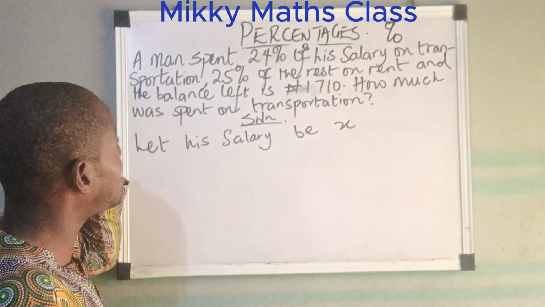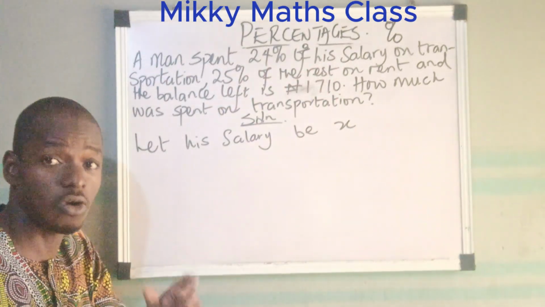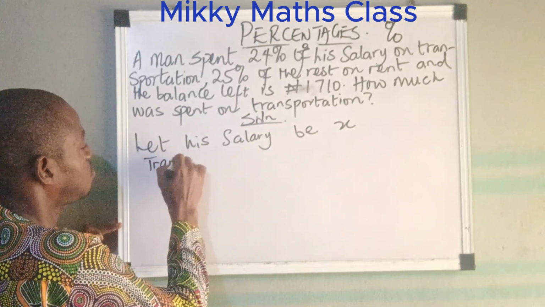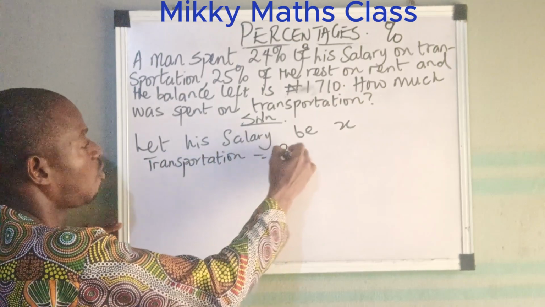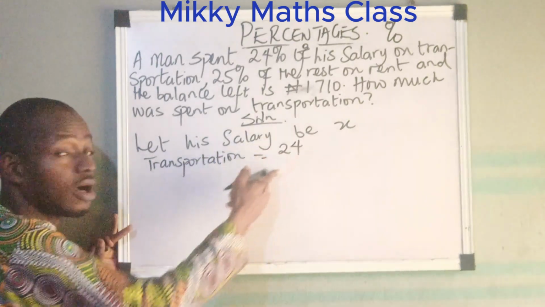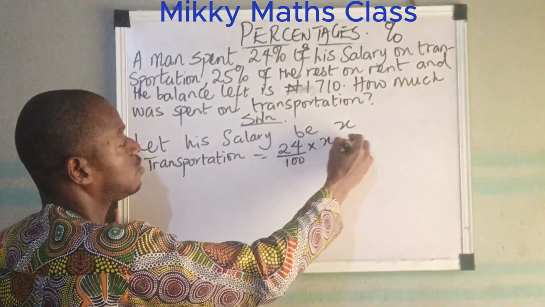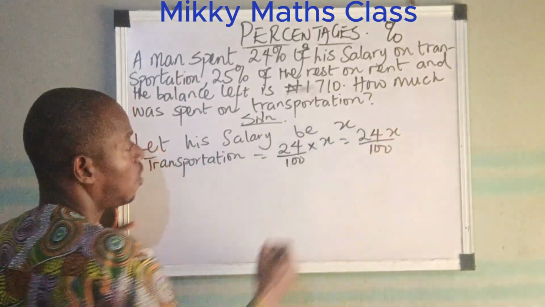He spent 24% of it on transportation. So transportation for the man is 24%. That means 24 out of 100, over 100 times x, which is 24x over 100.